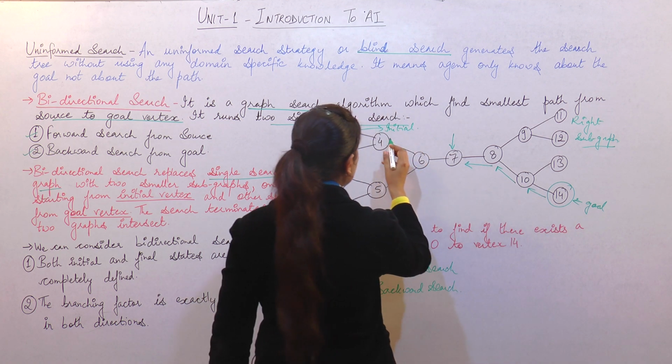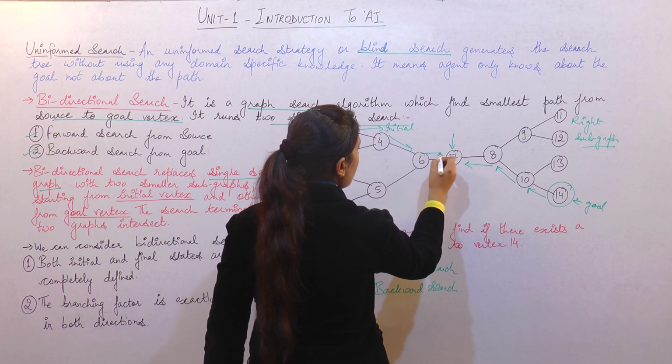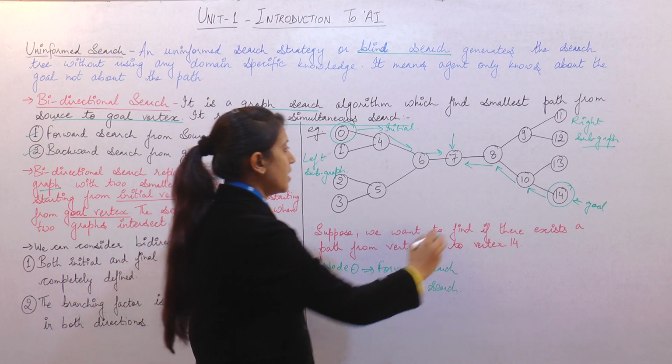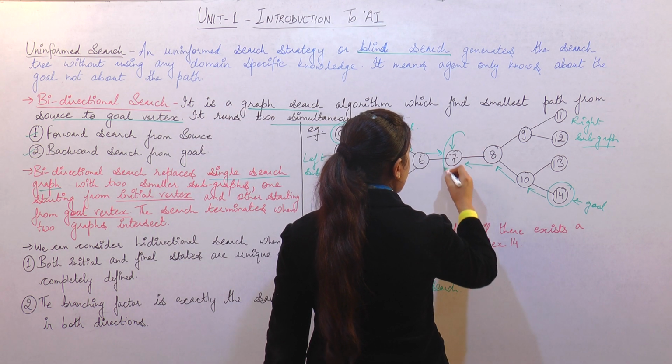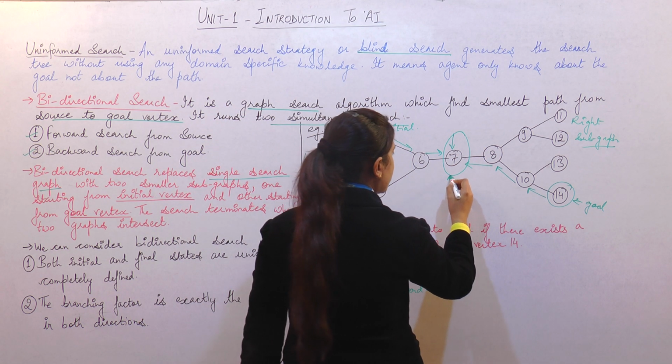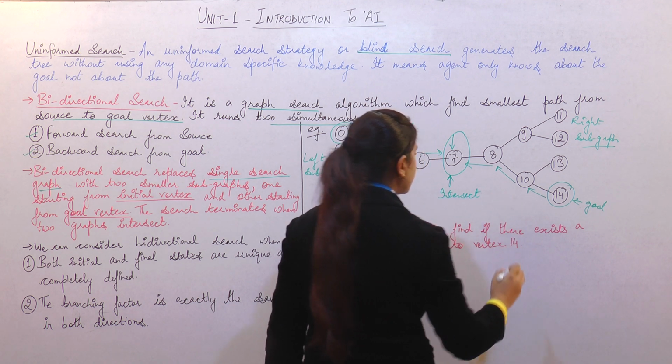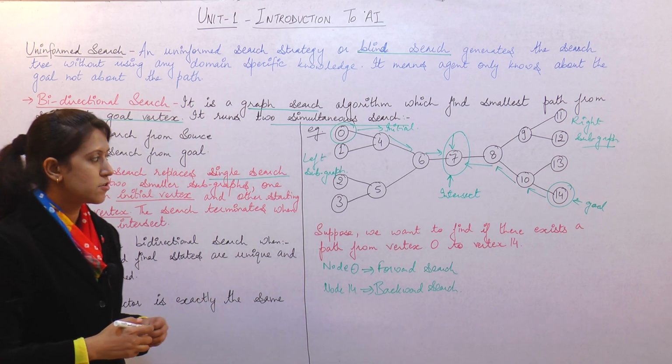So in this way forward and backward searches move forward and intersect at node 7.